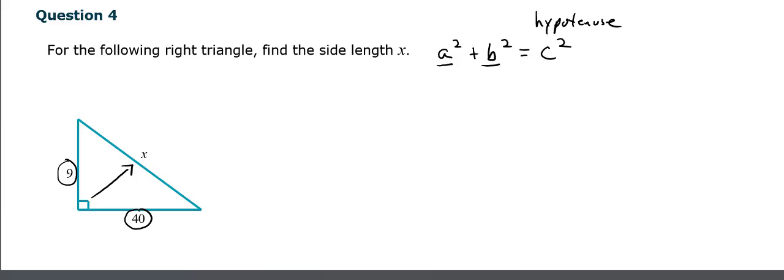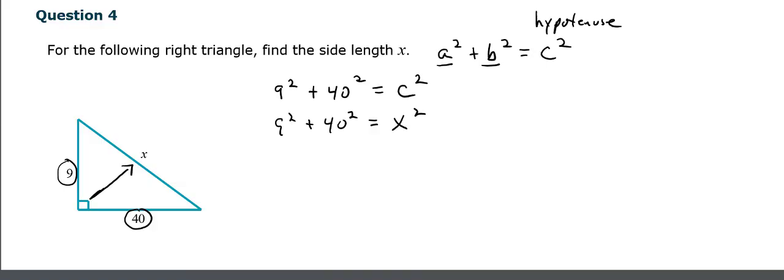And again, we know that because our longer side is always across from our right angle. So to set it up, we have 9 squared plus 40 squared equals x squared.